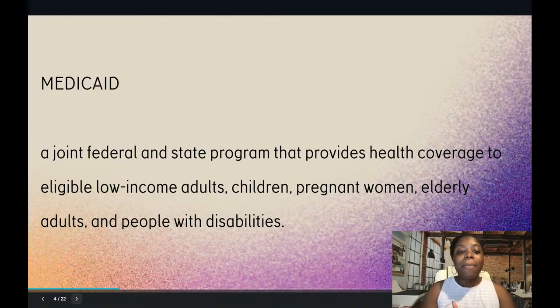Next is Medicaid. Medicaid is for populations that are considered low income: adults, children, pregnant women, elderly adults, and people with disabilities. Those individuals can qualify for Medicaid. Medicaid programs can vary based on the state that you live in.